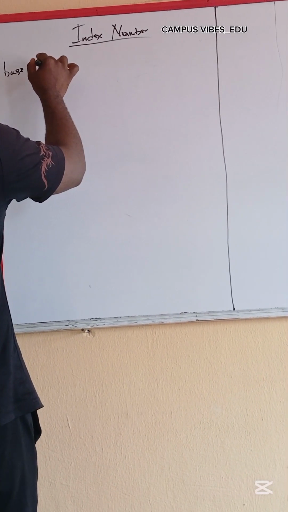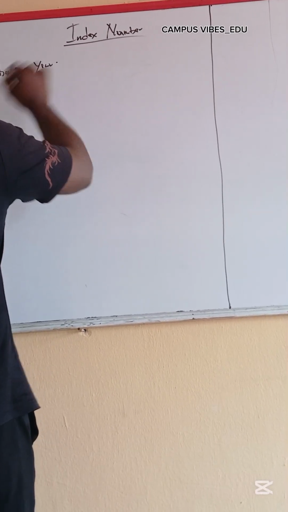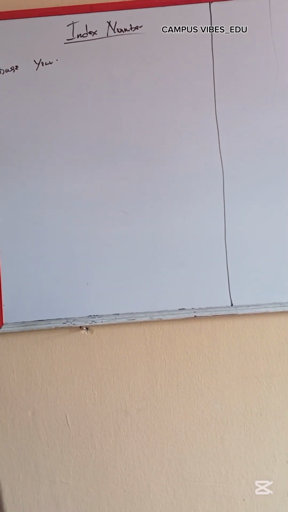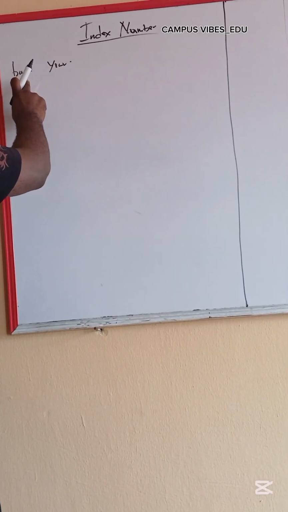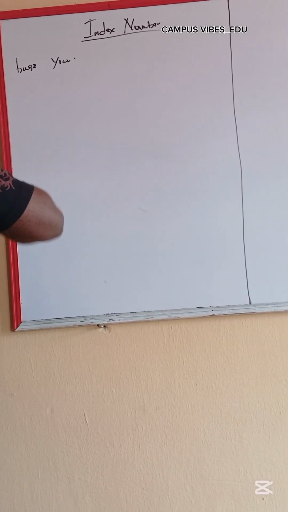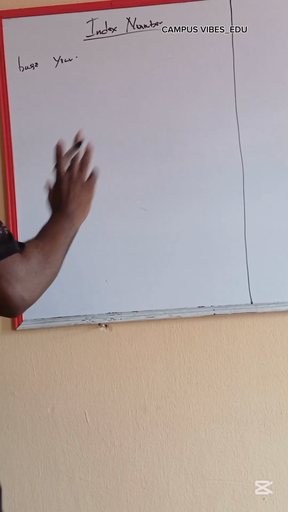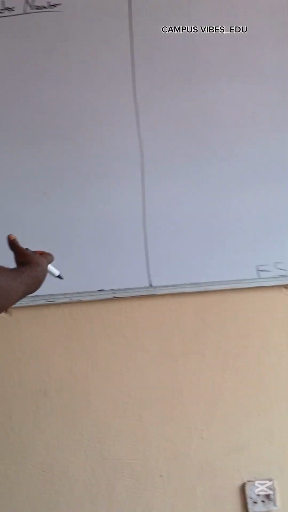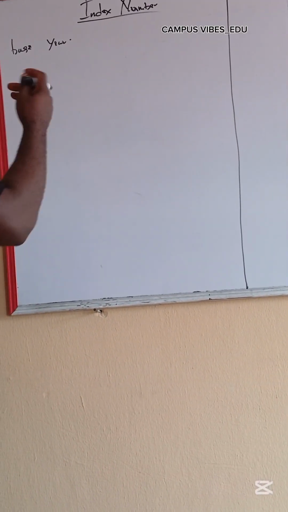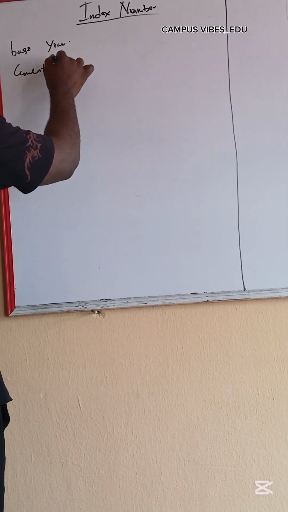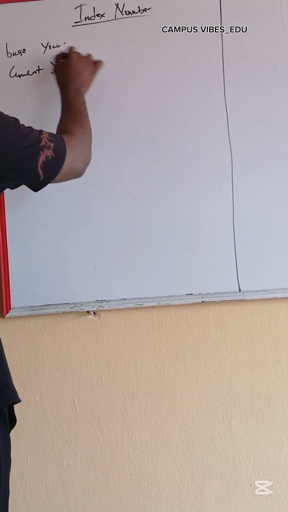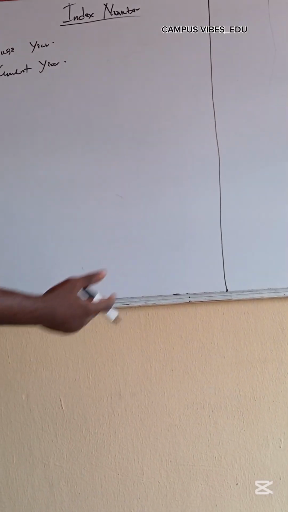You can't do comparison without making use of a base year. You can call it the basis of your argument, and normally I'm going to compare it with the current year.